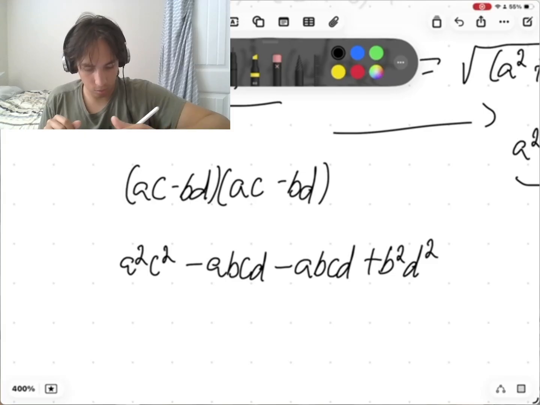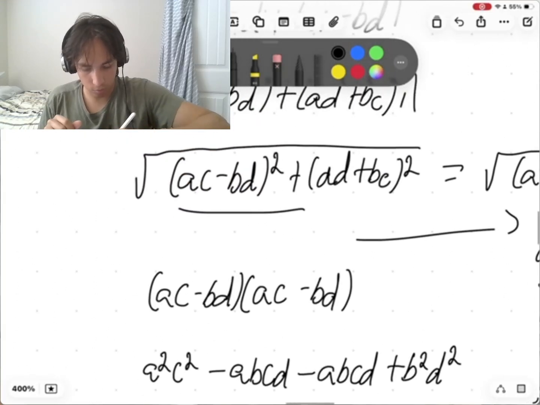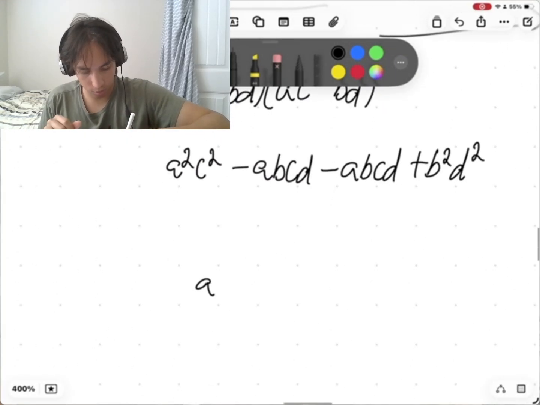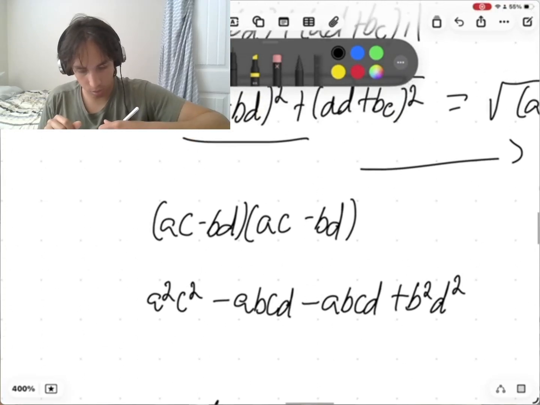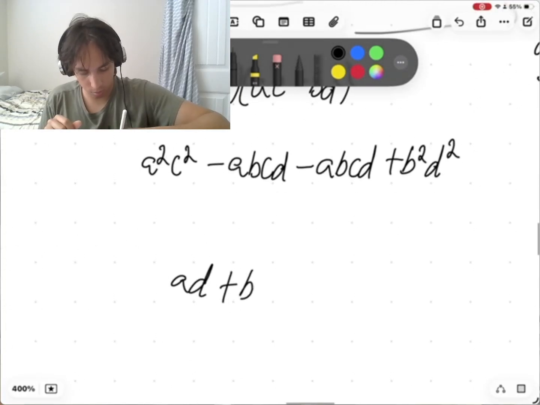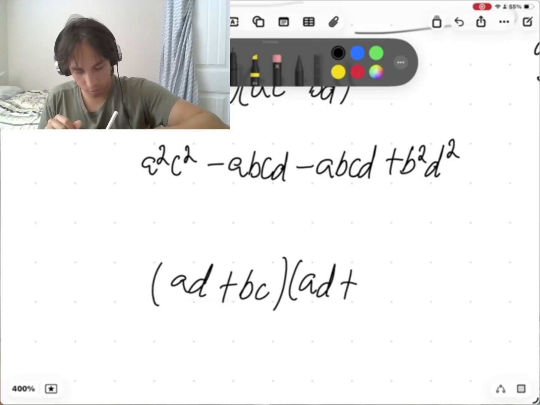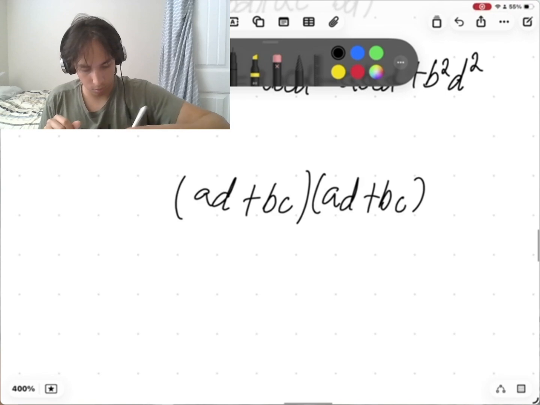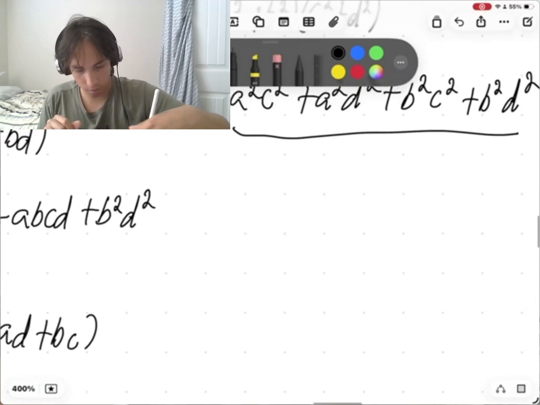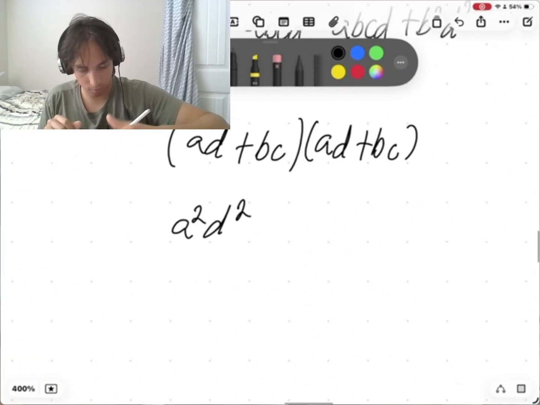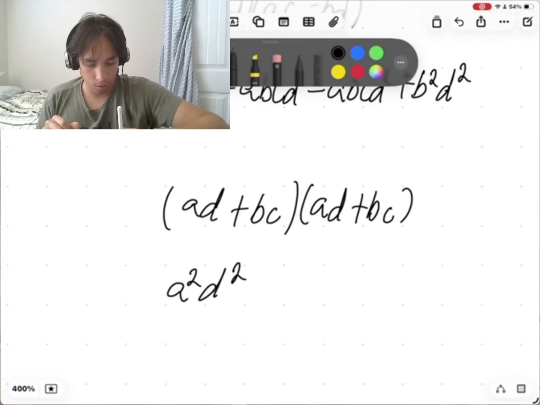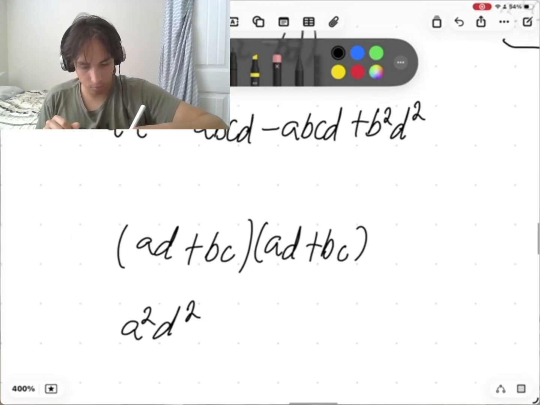Plus B squared D squared, right? That goes for this one. No, for this one, AD plus BC times AD plus BC. We get A squared D squared, right? Plus ABCD.